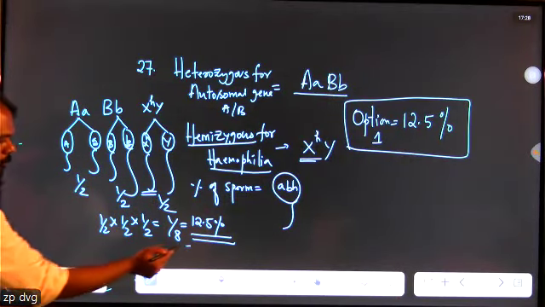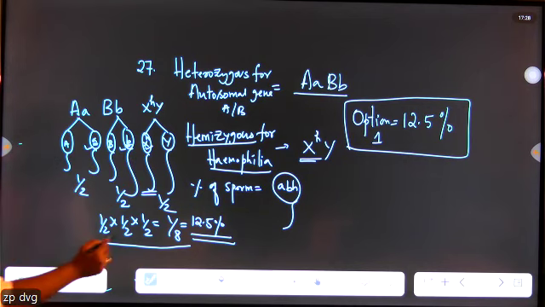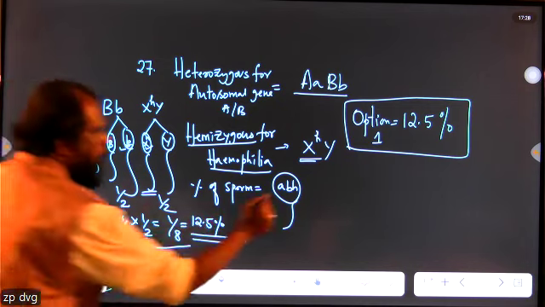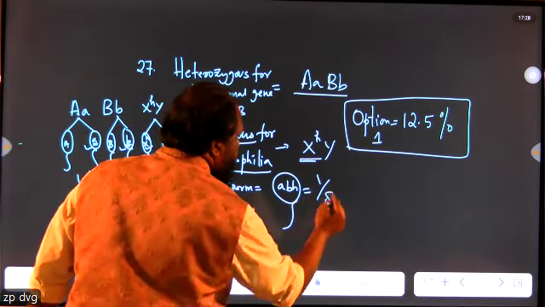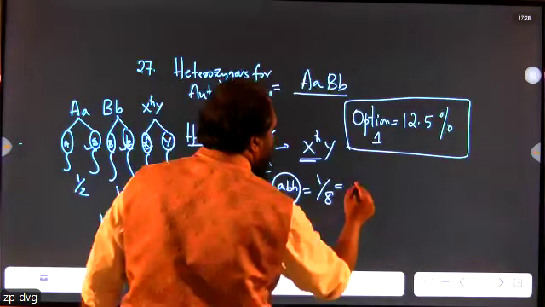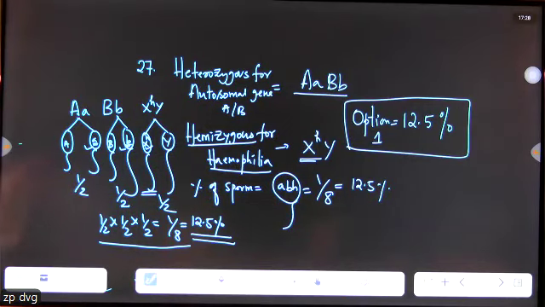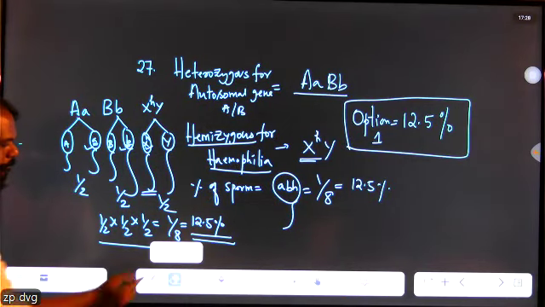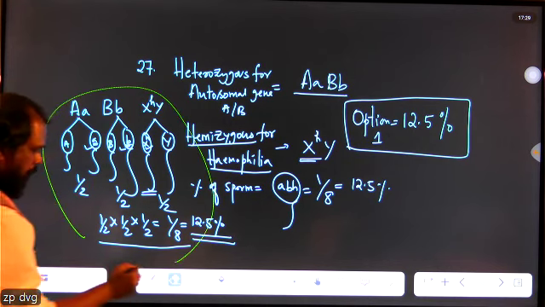Hope you understand this. So the sperm having A, B, and H: out of 8, only one sperm will have ABH. So what is the percentage? 12.5 percent is the correct option. Clear? Can you go to the next one? This is question number 27. Another two questions, and with that we'll stop.